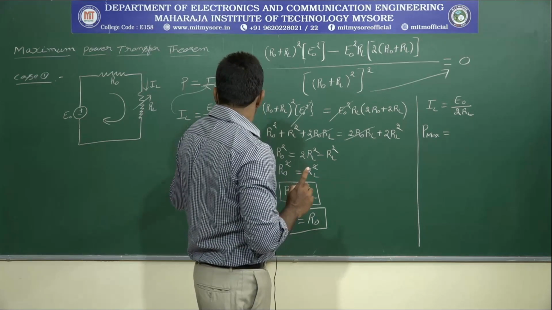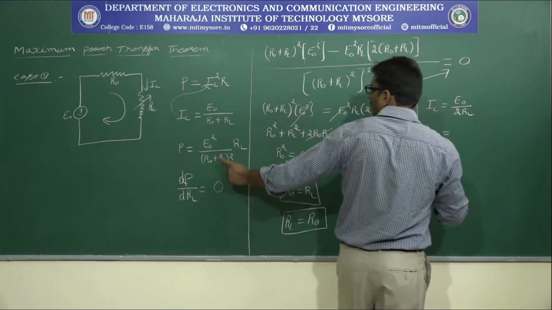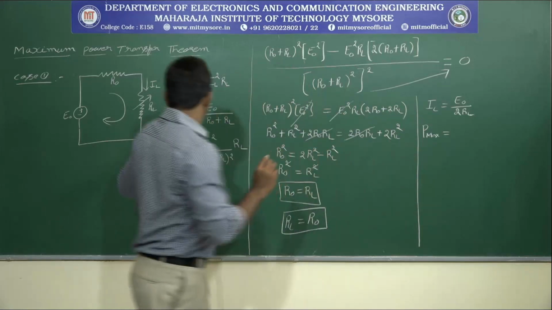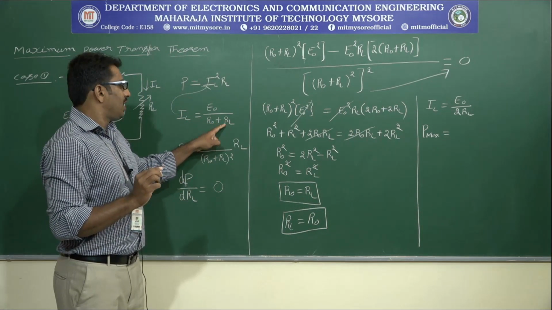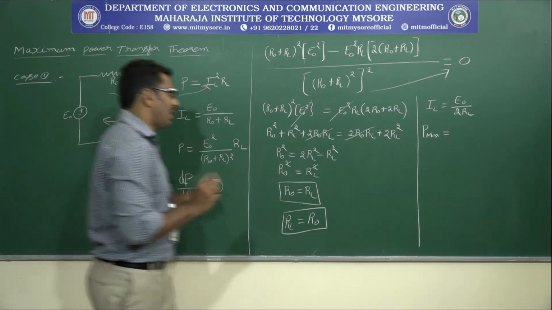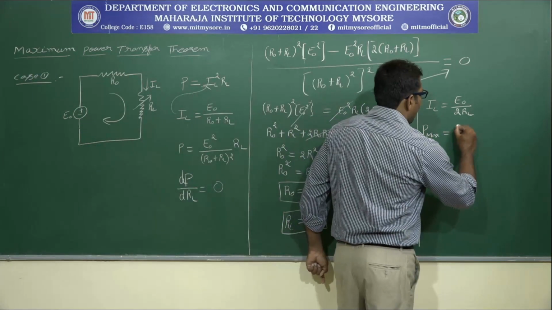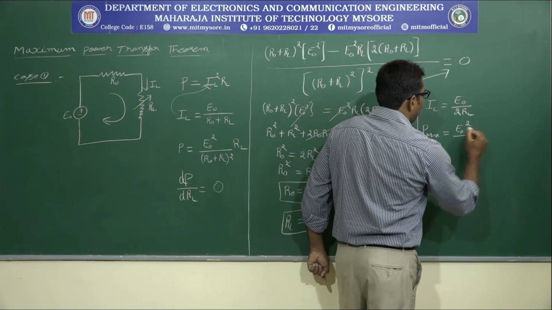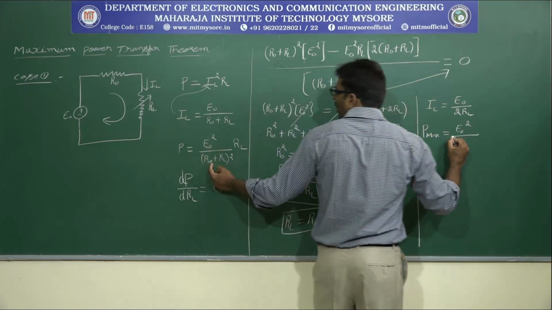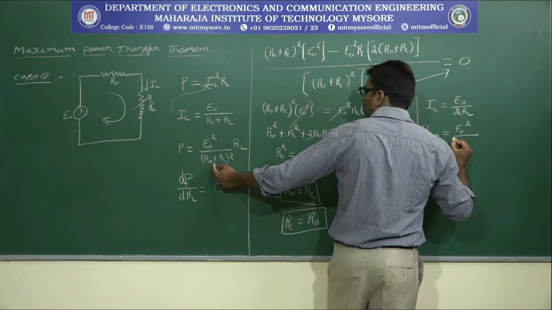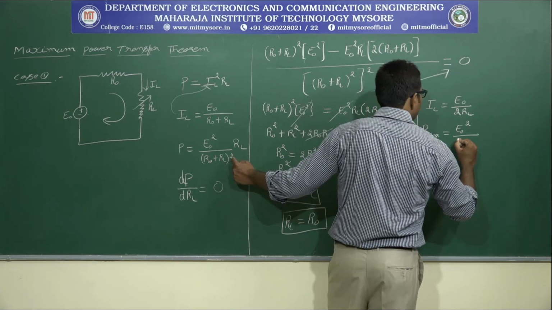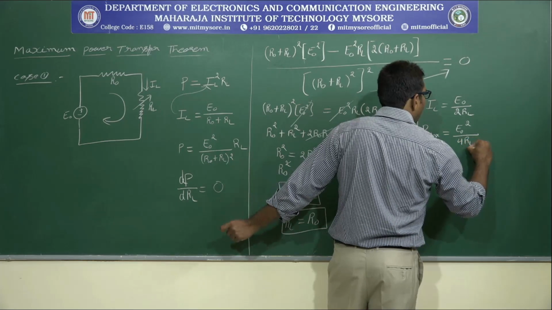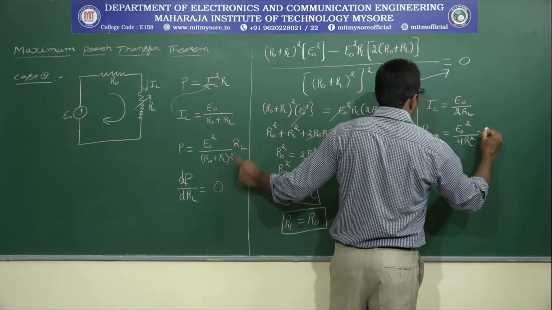Therefore P max equals E naught square divided by (R naught plus RL) whole square, which can be written as (2 RL) square, that is 4 RL square, into RL.